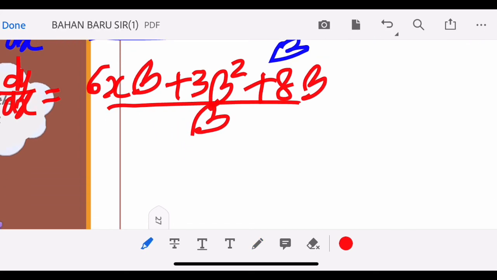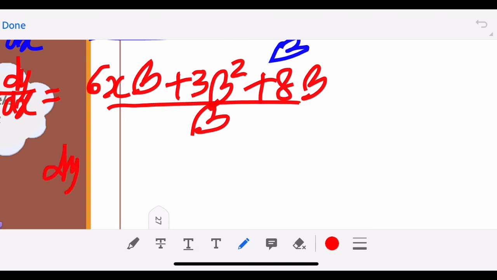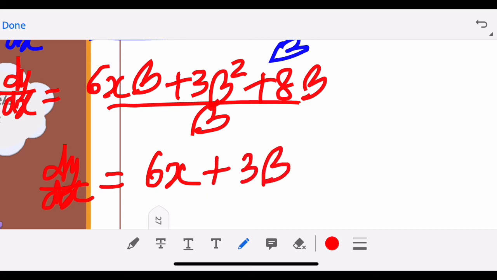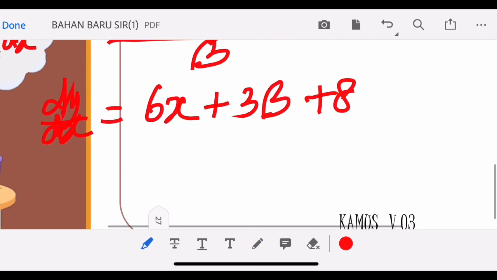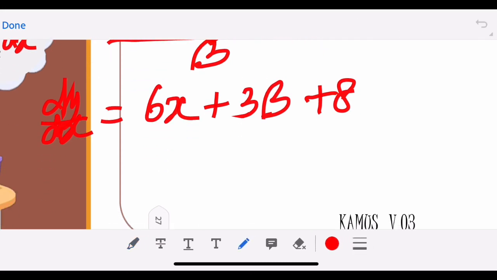So then we cancel out the common factor, which is delta shape. dy/dx: 6x delta shape divided by delta shape, you get 6x. 3 delta shape squared divided by delta shape, you get 3 delta shape. 8 delta shape over delta shape, we get 8, right? So finally, as I said, delta shape is delta x.